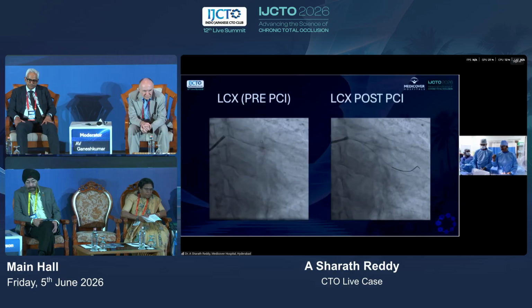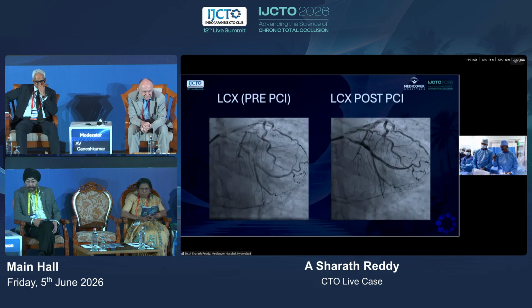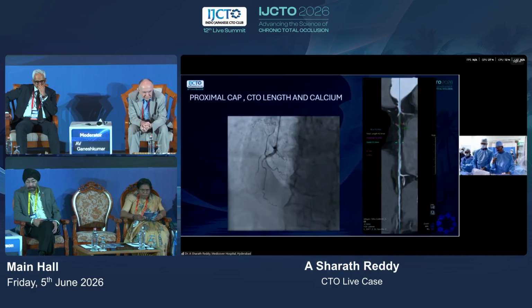So this LCX was done during the index presentation, and this is the LCX result, which is pretty good. And for today's analysis, you can see this is the proximal cap, which is quite ambiguous.